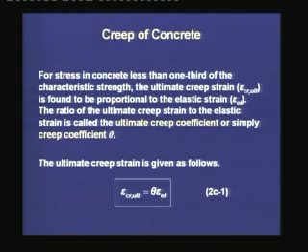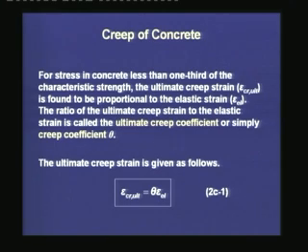For stress in concrete less than 1/3 of the characteristic strength, the ultimate creep strain epsilon CR ultimate is found to be proportional to the elastic strain epsilon EL. The ratio of the ultimate creep strain to the elastic strain is called the ultimate creep coefficient, or simply the creep coefficient theta. Thus, here is a simple way to calculate the strain due to creep.